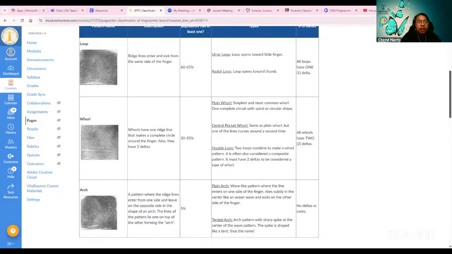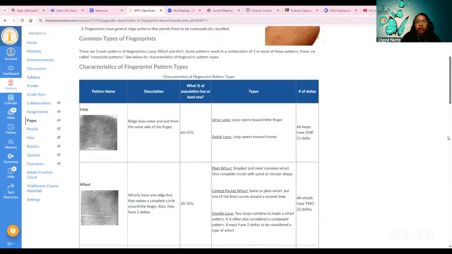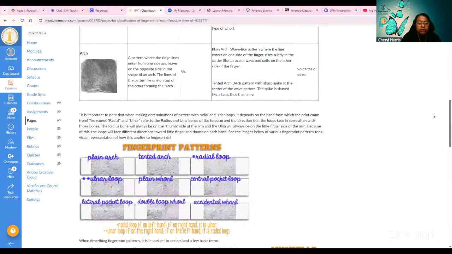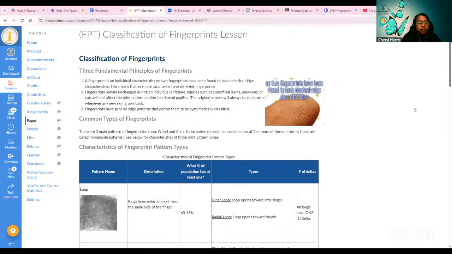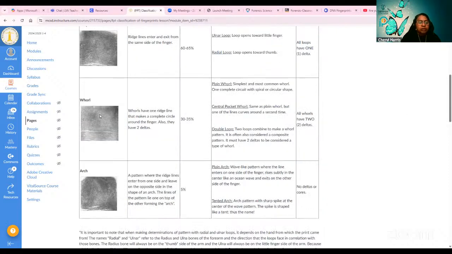The video we watched the other day talked about loops and whorls and arches. So go ahead and read this passage over for the next few minutes. This is Canvas, and it's a classification of fingerprint lesson. I checked mine out, and I have whorl fingerprints.